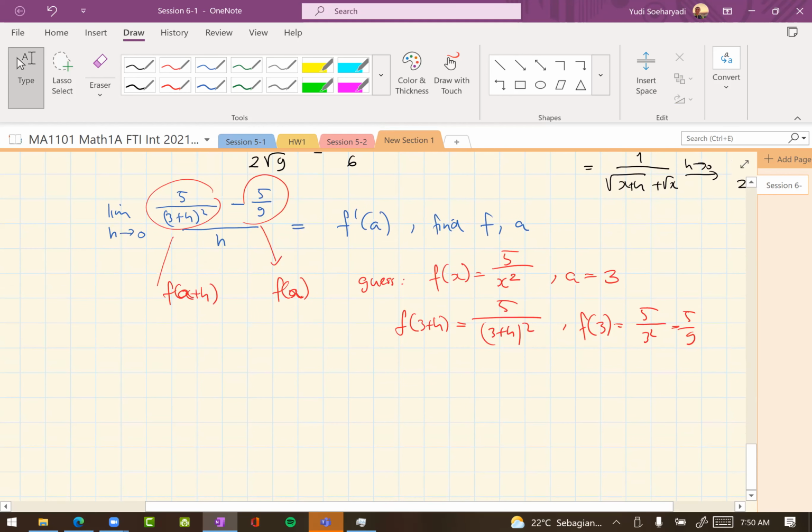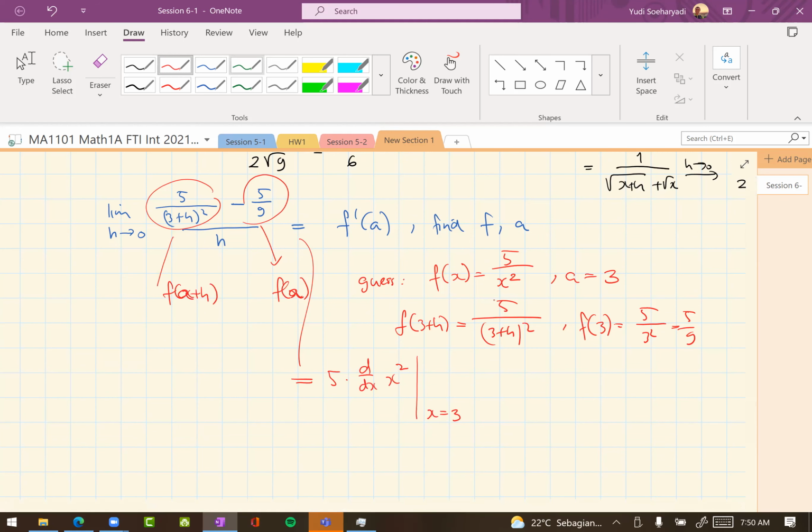All right. So if you continue with this, it equals the derivative of f. Take the 5 out, the derivative of 1 over x squared computed at x equals 3.